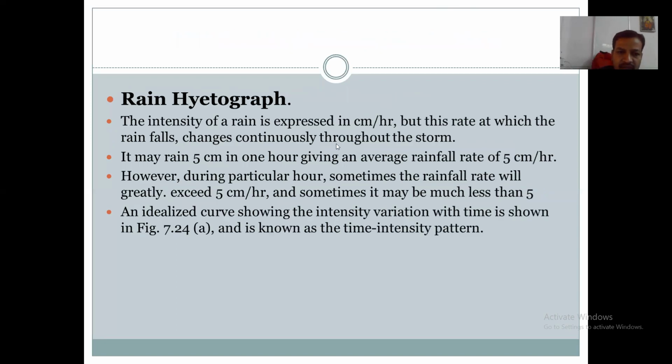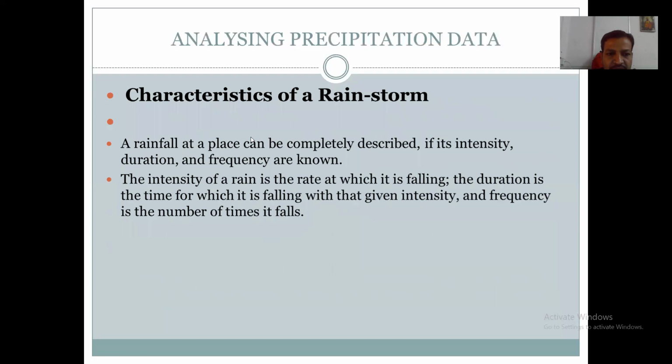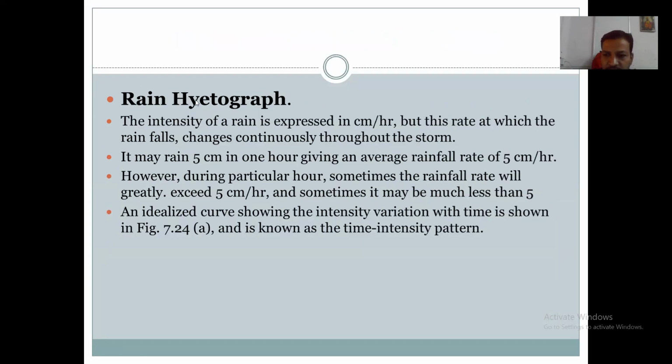In that, first, the intensity of rainfall can be known from the rain hyetograph. The intensity of the rainfall is expressed in terms of centimeter per hour. How to find the intensity of rain? How many centimeters of rainfall has occurred in each hour? From where do we get that? From the rain gauge station. From the rain gauge station we get the intensity of rainfall.